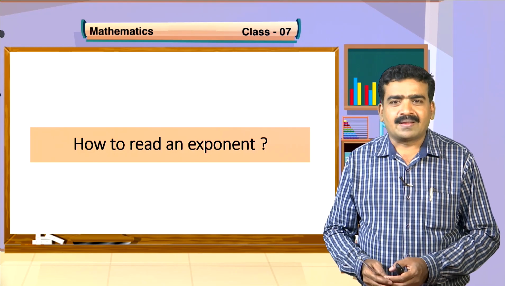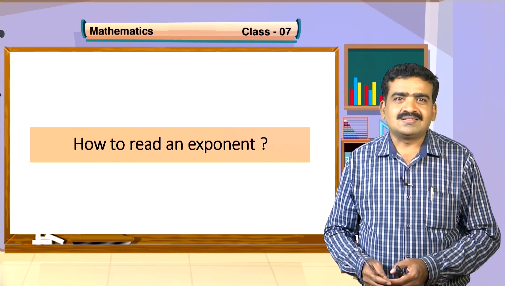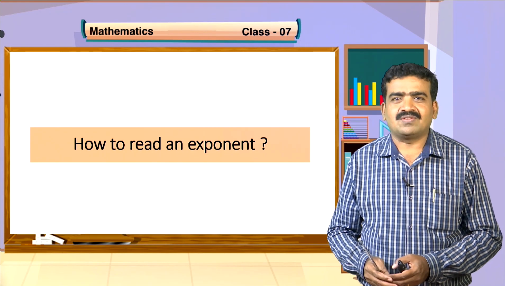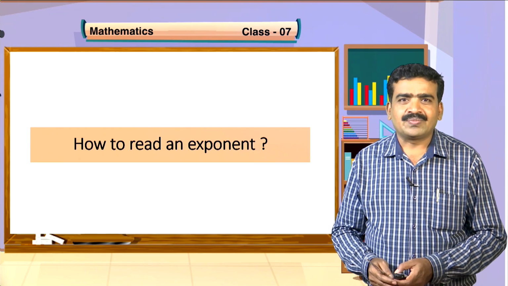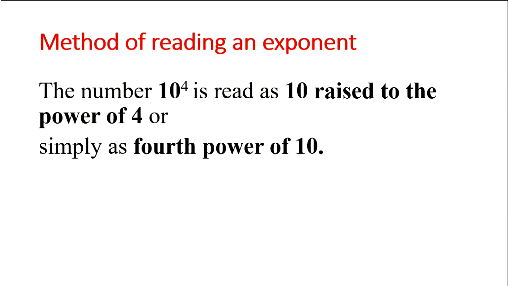Then, how to read an exponent? As you all learned, the simplest form of expression of a larger number is called an exponent. In case of an exponent, there will be a base and a power. So, how to read this base and power? There is a method of reading the exponent, that is what you are seeing on the screen.